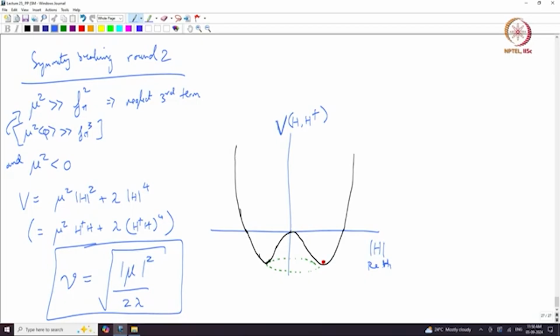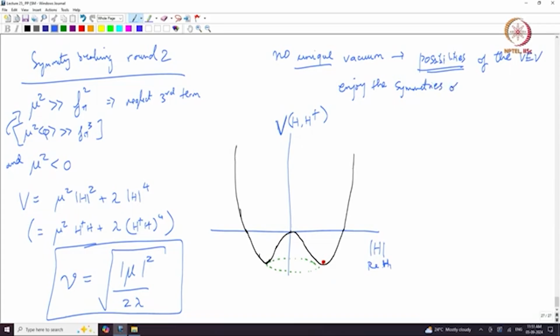In other words, there is no unique vacuum, okay, and that is the most important thing here, okay, because the possibilities, right, of what the actual vacuum expectation value could be, enjoy the symmetries. What do I mean by that? Enjoy the symmetries of the theory.